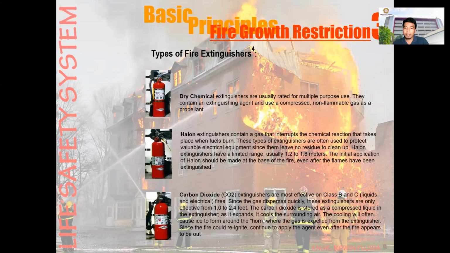As it expands, it cools the surrounding area. The cooling will often cause ice to form around the horn where the gas is expelled from the extinguisher. Since the fire could reignite, continue to apply the agent even after the fire appears to be out.